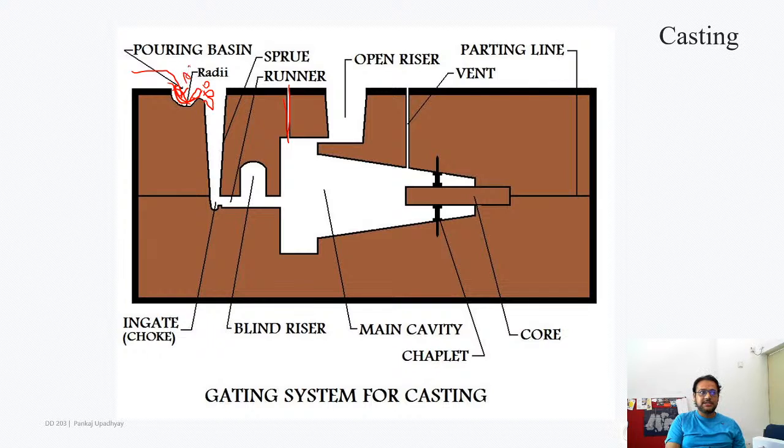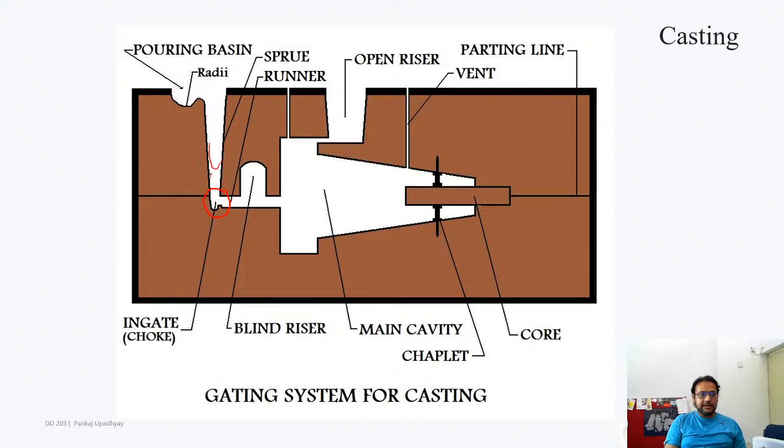So it will splash, right. I don't want that splashing to ruin the cope and drag sand casting. Because of that, I need this kind of a shape, and after that the material flows in internally. It comes down here, where there's a small area which breaks the turbulence of the molten material.